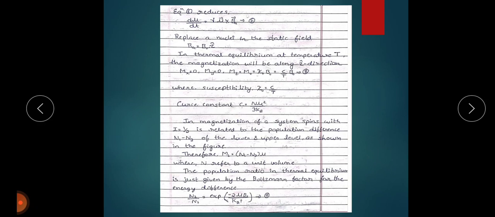Next, in the magnetization of systems with spin I equal to half, we have a population difference N1 minus N2 between the lower and upper levels, which is already shown in the figure.